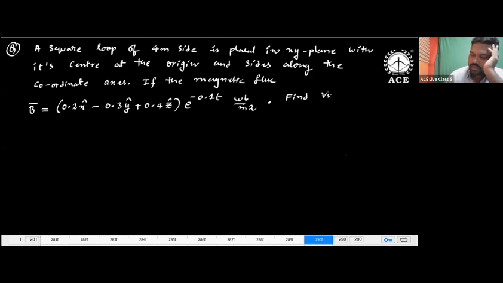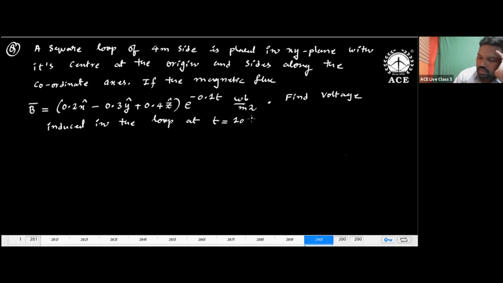Find the voltage induced in the loop at time t is equal to 10 seconds. Yes, beta.